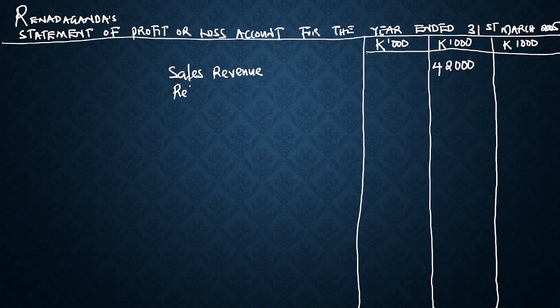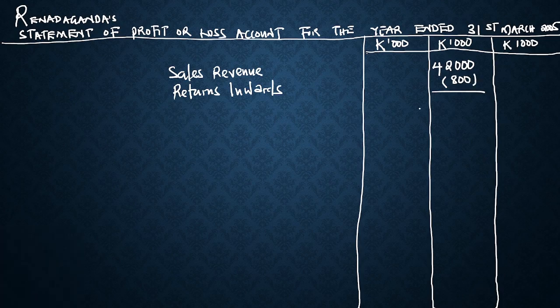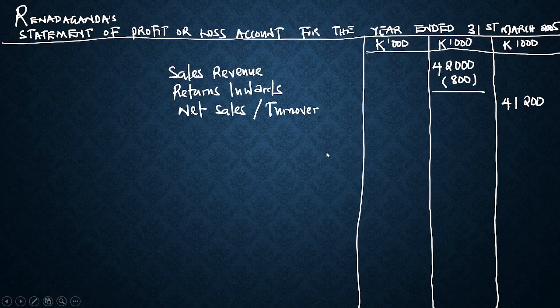I'm going to say returns inwards. What's the difference there? It's supposed to be 41,200. So it's called net sales, or in other books, they call it turnover. That is 41,200,000. Questions?